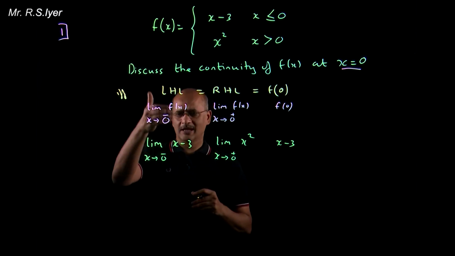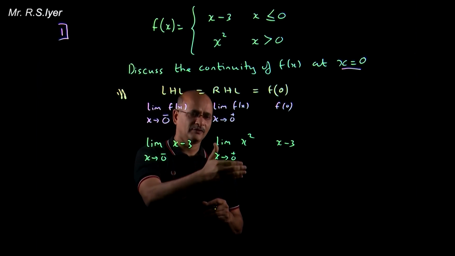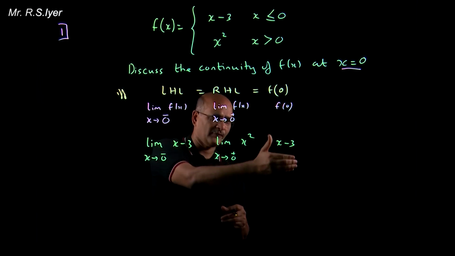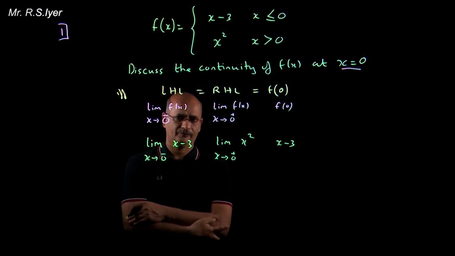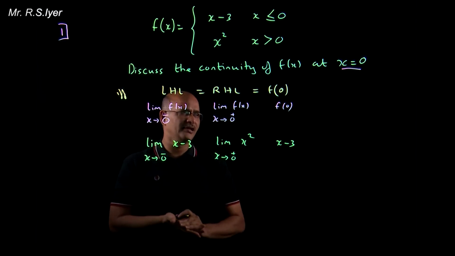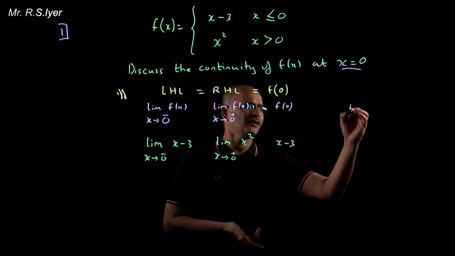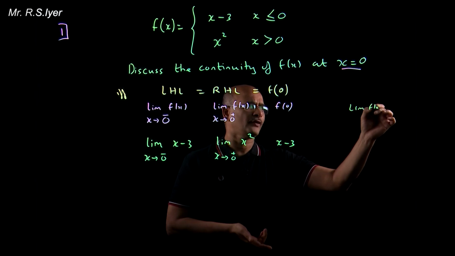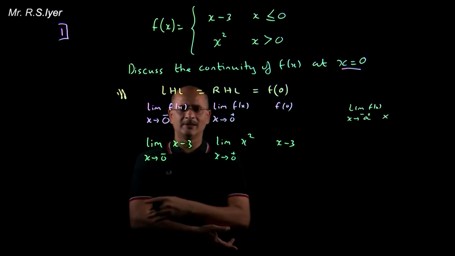So once you understand which function I have to consider for my left hand limit, which for my right hand limit, and what is my f of 0, I start evaluating the values. But one very important point from limits, which you studied in class 11: whenever you have a situation like limit of f(x) as x tends to a minus or plus, you can't evaluate the limit directly.